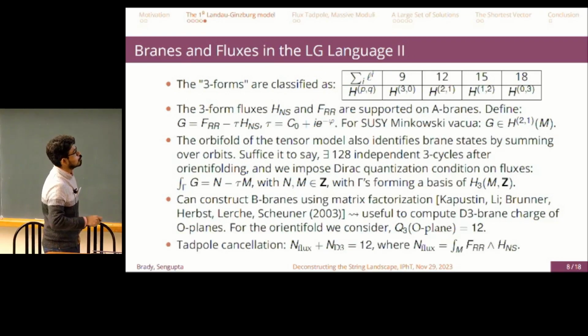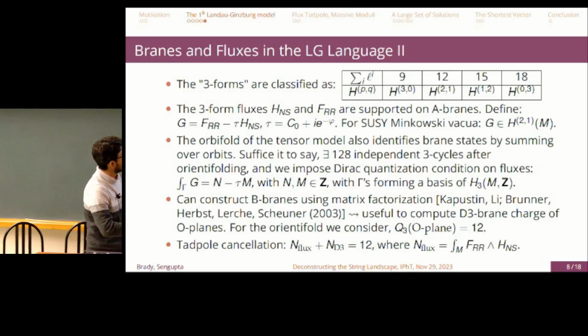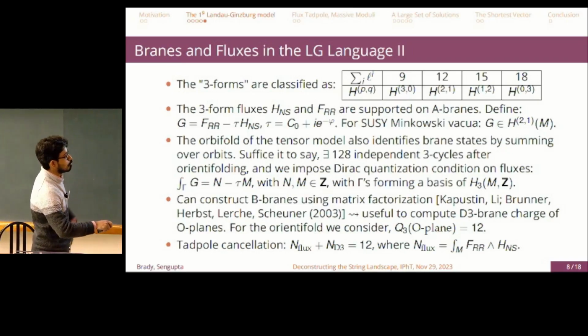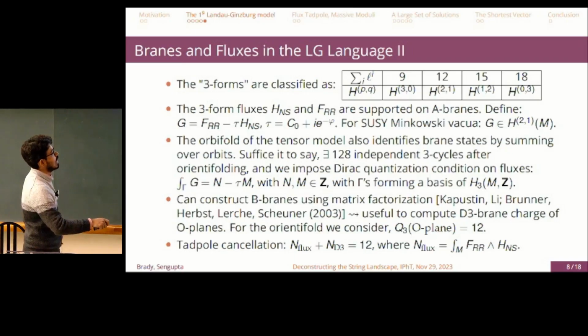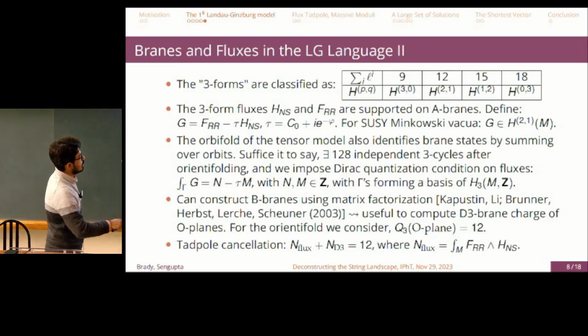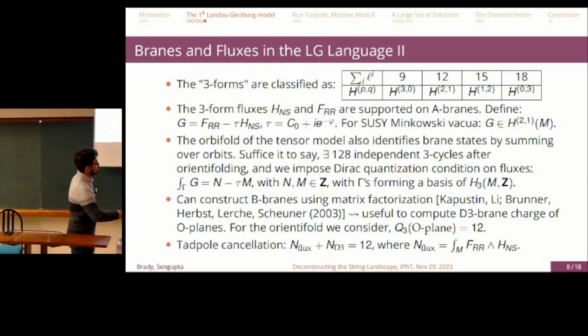So the tadpole cancellation condition for the models we are considering looks like this. N_flux plus the number of mobile D3-branes has to be 12, where the flux tadpole is given by this formula.